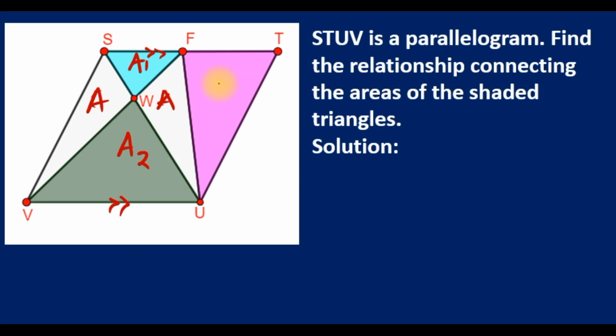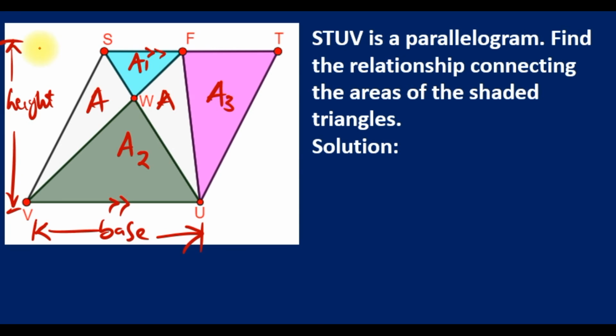So if you call here maybe A3, we will notice that, remember this is a parallelogram, the area here and here are the same because they have the same base, as you can see, and the same height. And area of a triangle is half base times height.